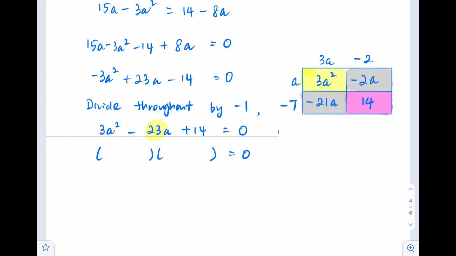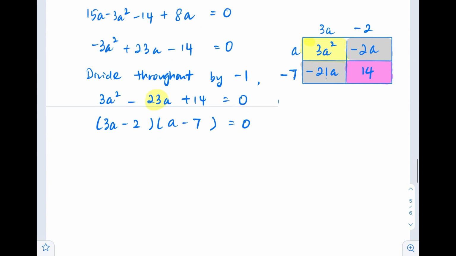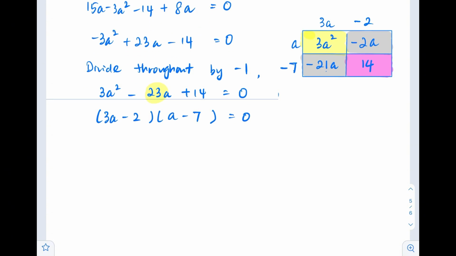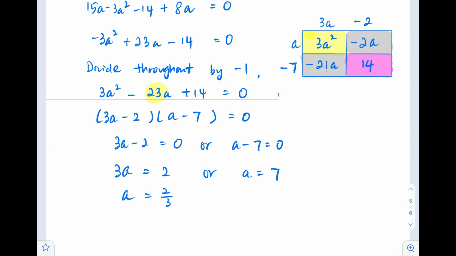So this means that our factors are indeed 3a minus 2 and a minus 7. By doing this, you can see that now we have a times b equals 0 already. So we just need to solve this by rewriting it as a equals 0 or b equals 0. 3a will be equal to 2, so a will be 2/3, or a will be 7.